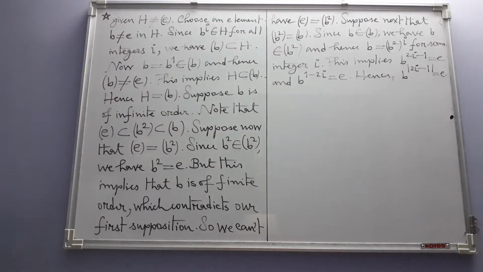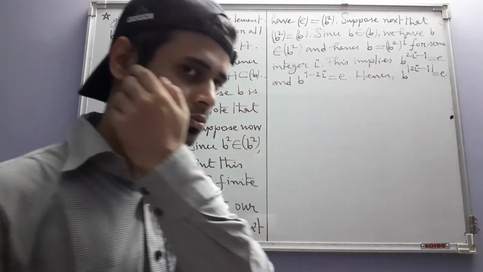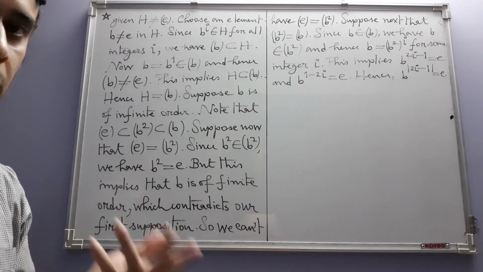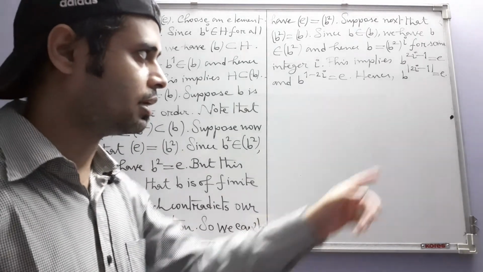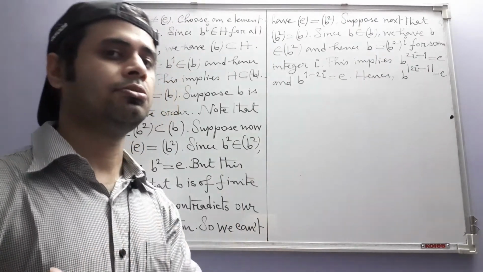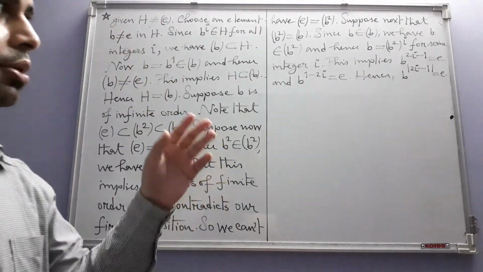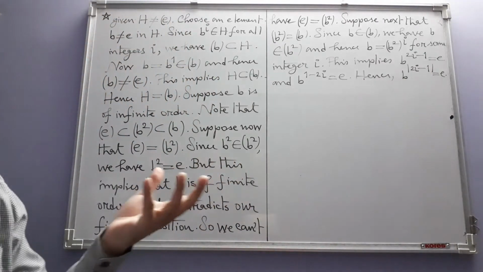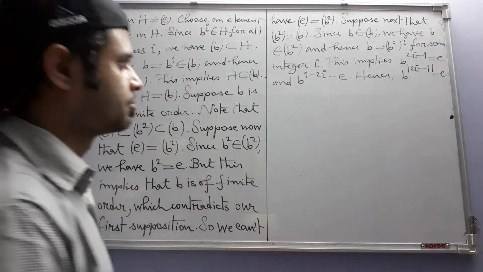Now look at the quantity 2I minus 1. What is I? I is an integer, so 2I minus 1 is also an integer. However, 2I minus 1 cannot be equal to 0. Why? Because 0 is an even integer and 2I minus 1, because of its form, is odd.